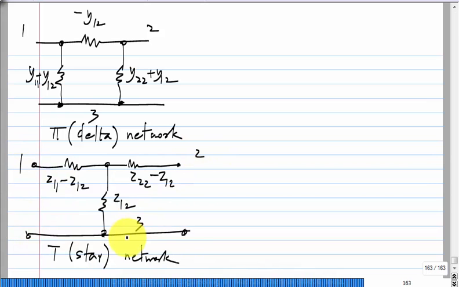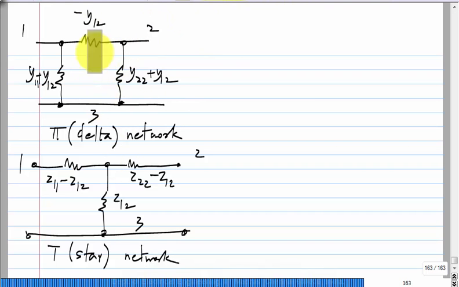So between these three terminals, they are exactly the same. Sometimes while doing circuit analysis, it may be easier to analyze with one form or the other, depending on whether things are connected in parallel with this or in series with this and so on. That's why there are the star to delta transformation formulas.